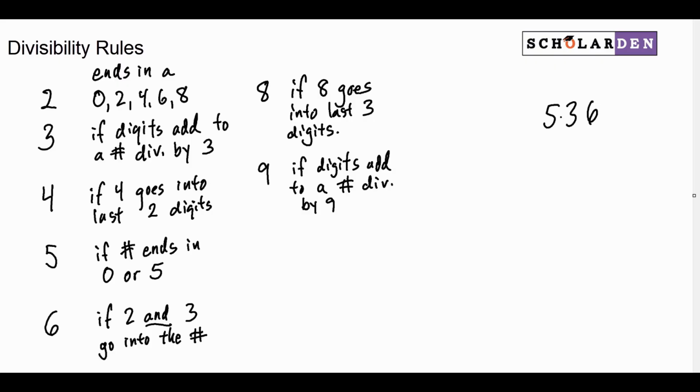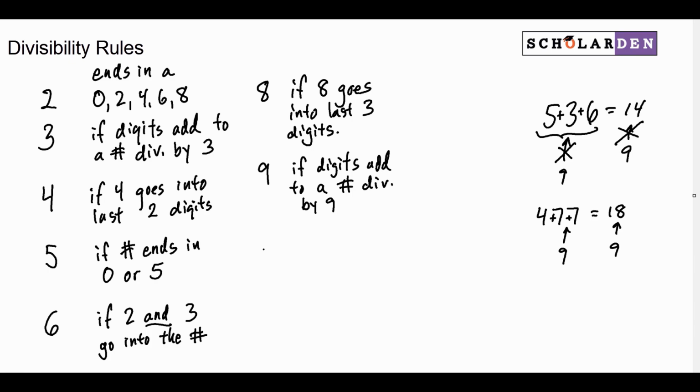So let's try that out on 536. 5 plus 3 is 8. 8 plus 6 is 14. 9 does not go into 14, so 9 will not go into that number. Let's try another one. Let's try 477. Well, 4 plus 7 is 11. 11 plus 7 is 18. 9 goes into 18, so 9 goes into 477.